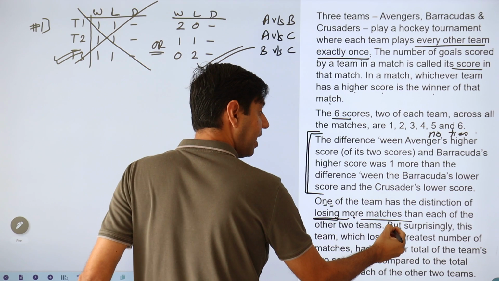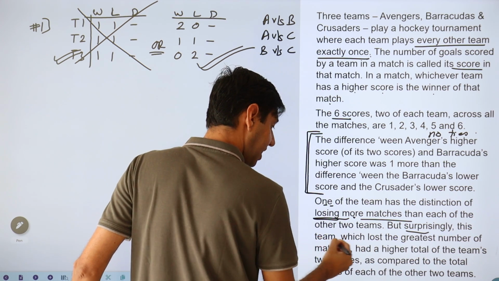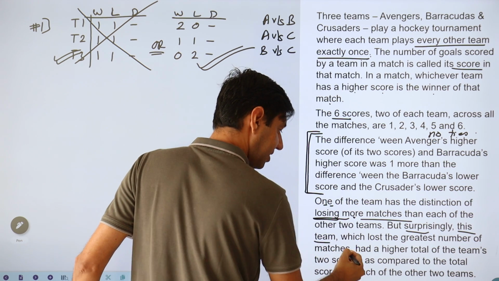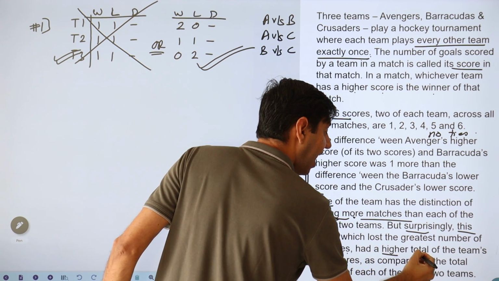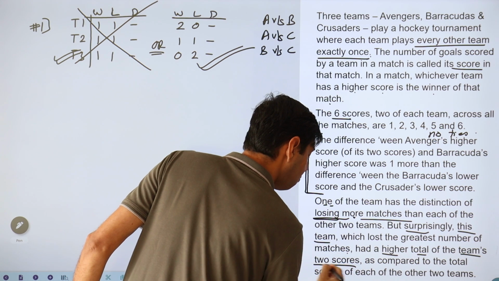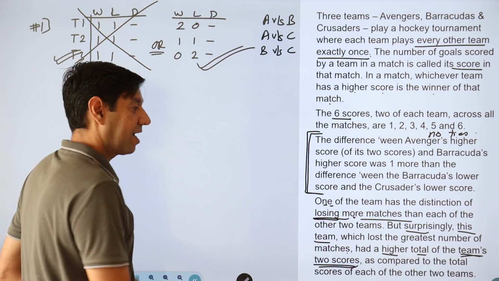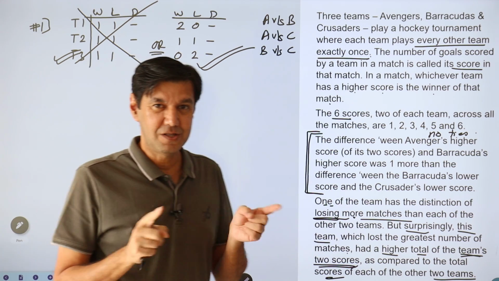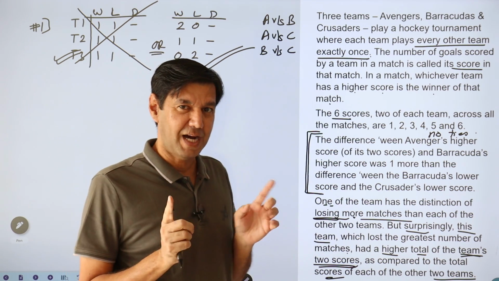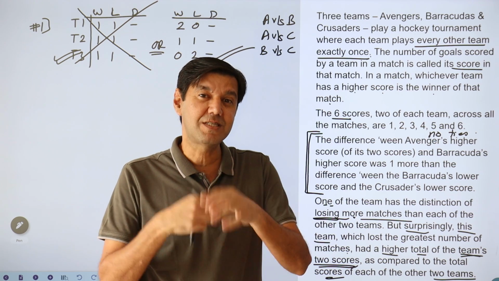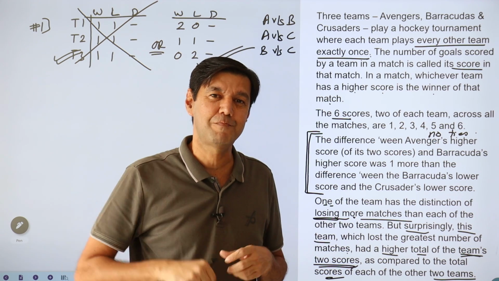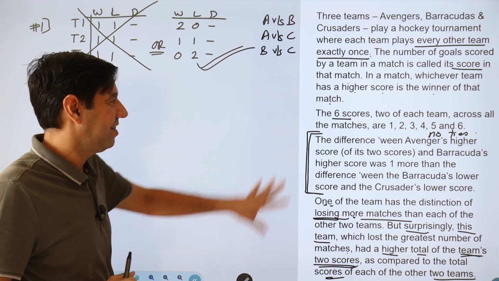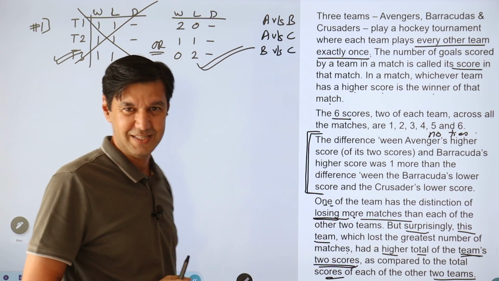Now the third team, surprisingly, which lost the greatest number of matches, had a higher total of the team's 2 scores compared to the total scores of each of the other 2 teams. So while it lost both its matches, if I sum its 2 scores, the sum is more than what the other teams' sums are. Very interesting.